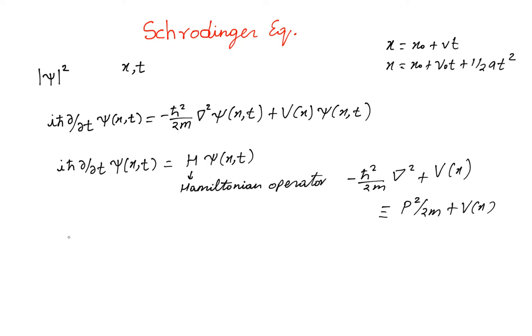Now it may happen that you encounter a situation in which the system is not changing with time, which simply means that energy, or psi(x,t) squared, does not depend on time.